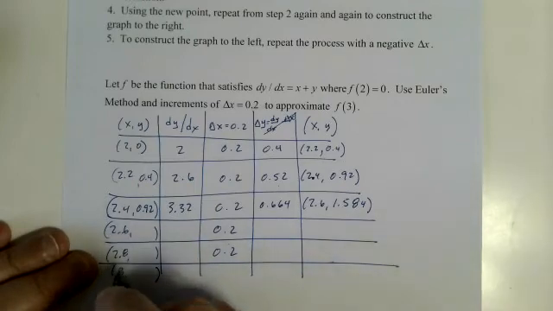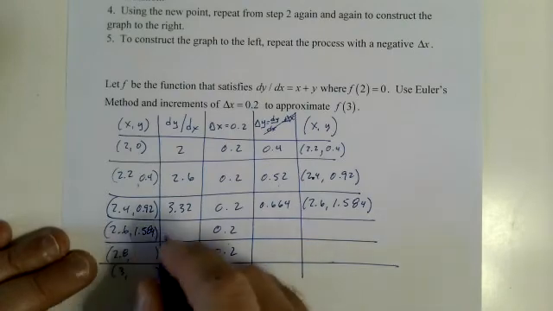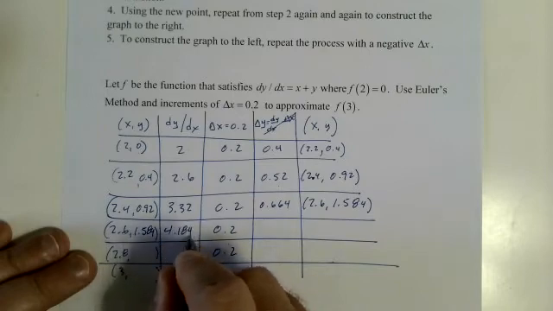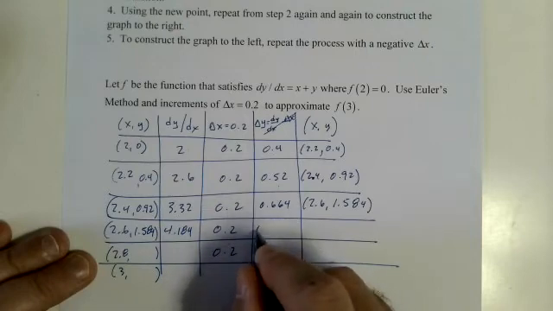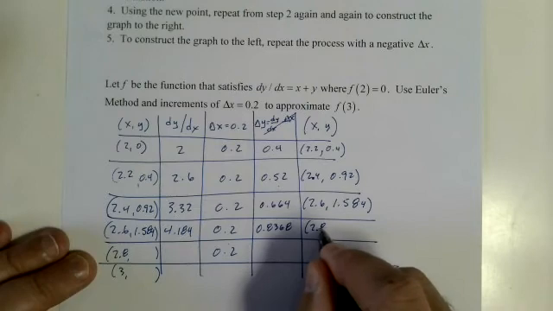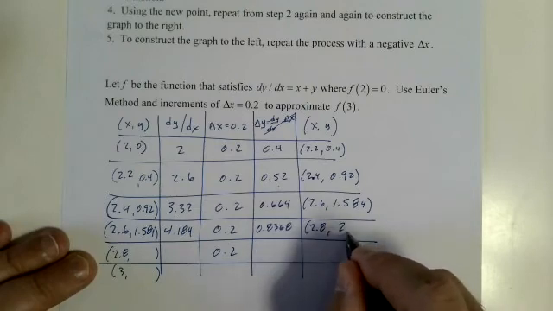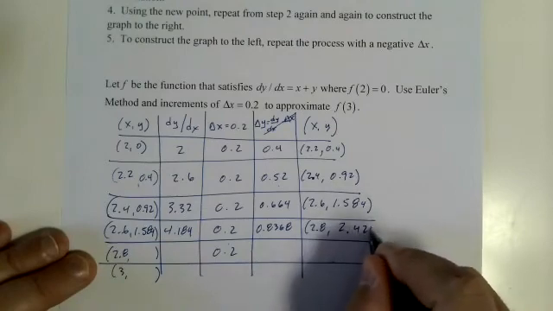(2.6, 1.584). dy/dx, add them, 4.184. Multiply them, 0.8368. Add them, 2.8, comma, 2.4208.